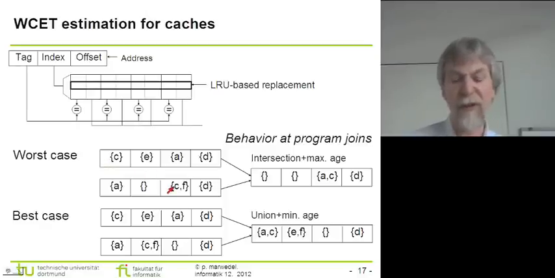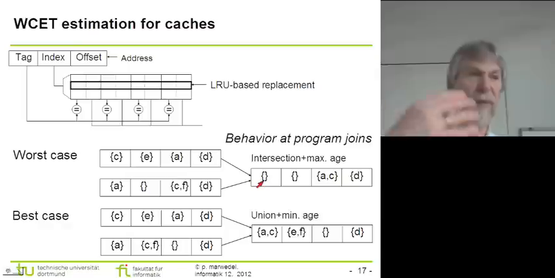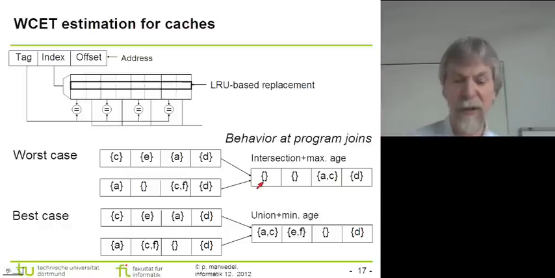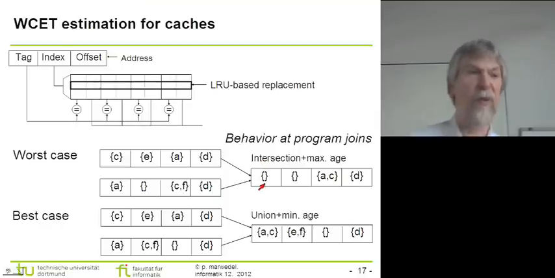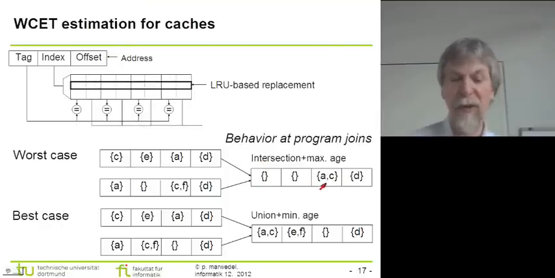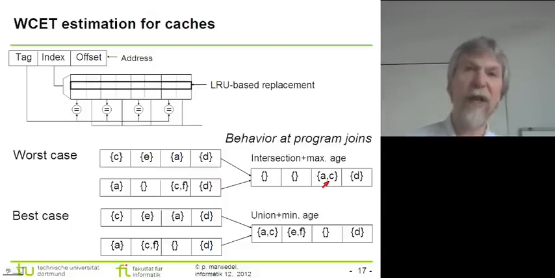But in the worst case, it could be in entry number 3, if we count the entries from the left-hand side, where entry number 1 is the youngest entry. So variable C is definitely stored in the cache, but it could be stored in entry number 3.